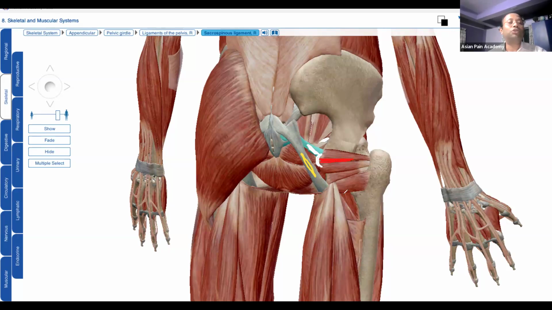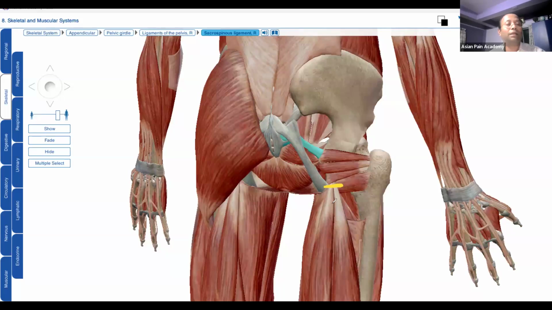Then let us come to position number 4. So where is position number 4? Position number 4 will be in this area. So in this area, what will we get? We will get directly the ischial tuberosity and the semitendinosus, semimembranosus, and biceps femoris, the conjoint tendon insertions.